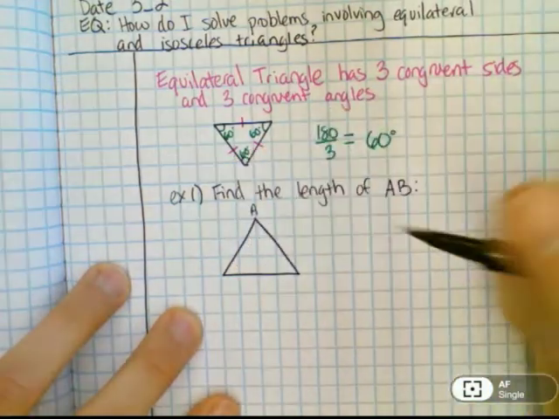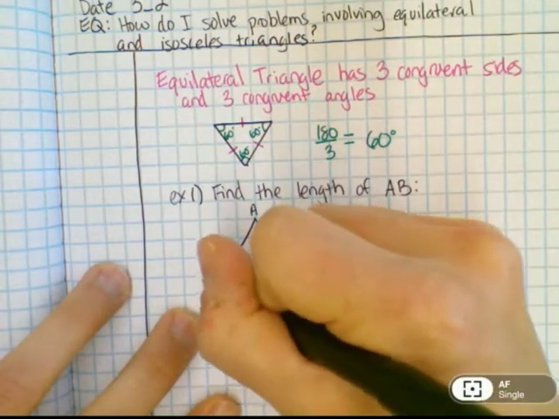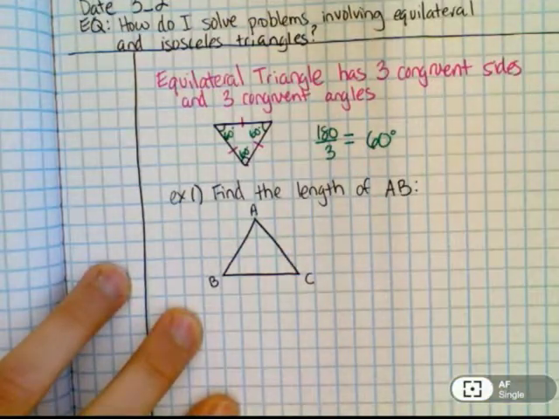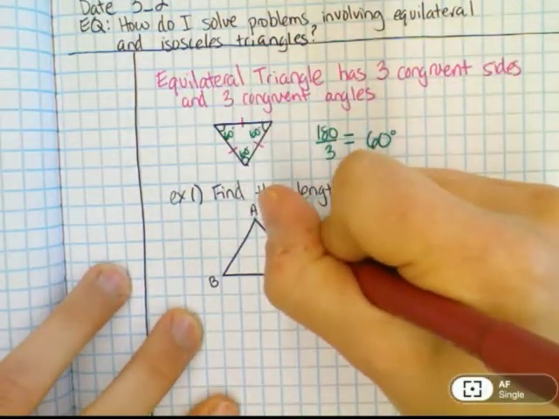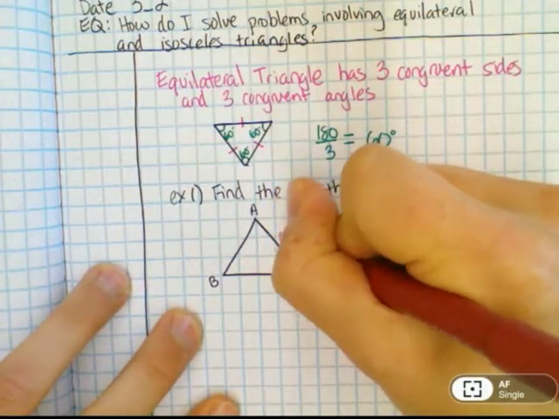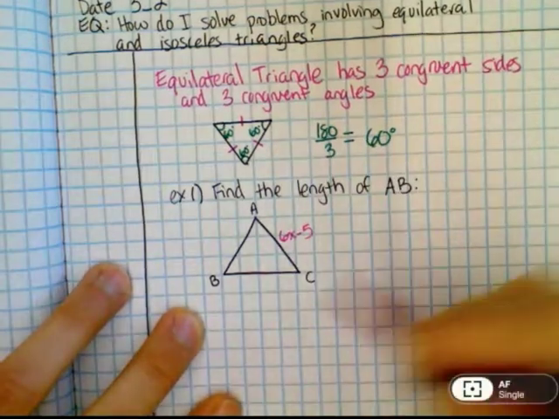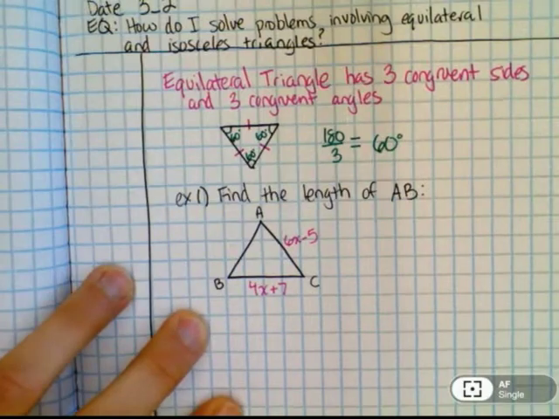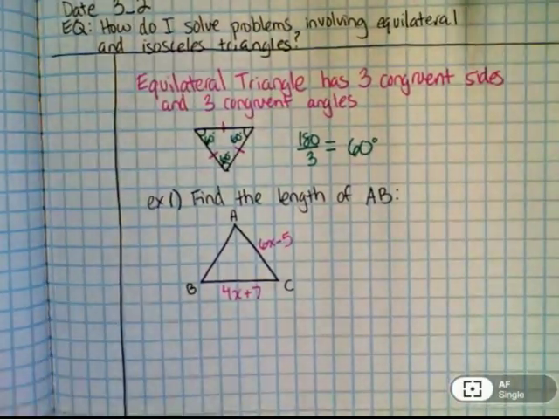We're going to go A, B, C. And then we'll say that this length right here is 6x minus 5 units long, and this length here is 4x plus 7 units long. And what we want to do is find the length of AB.